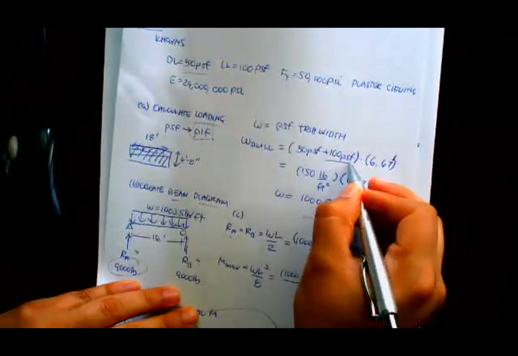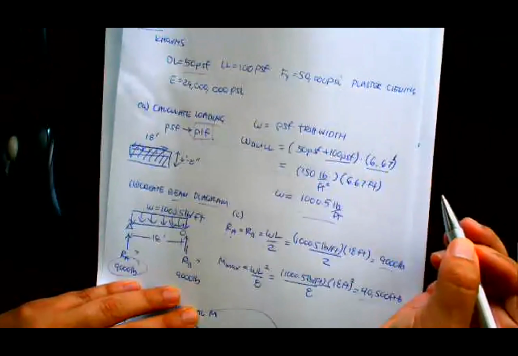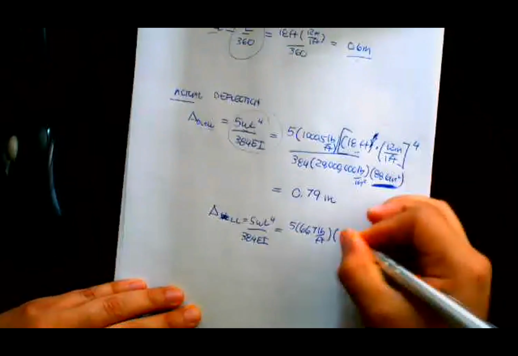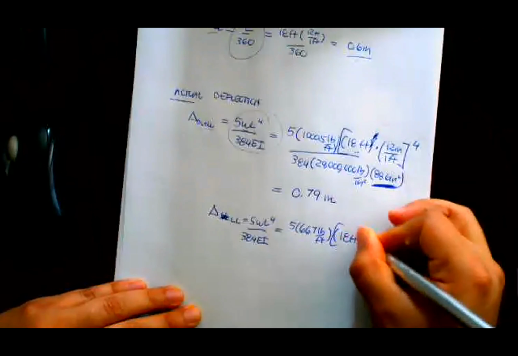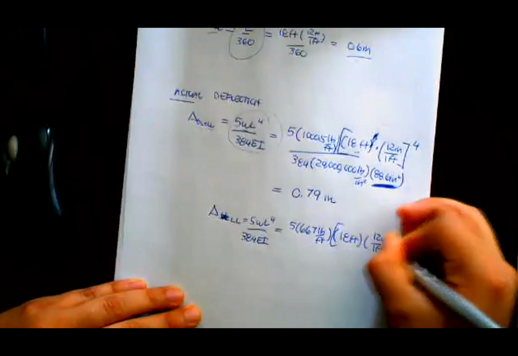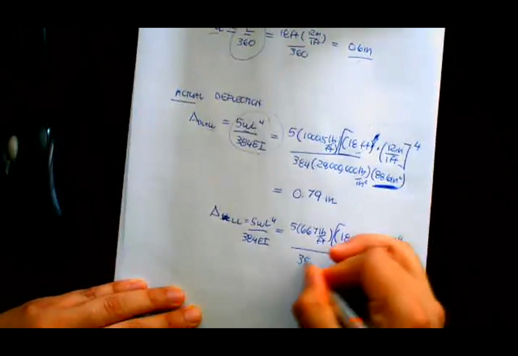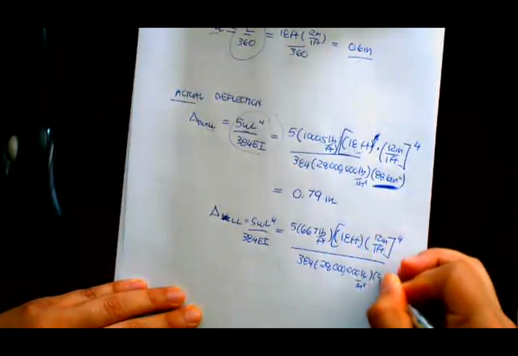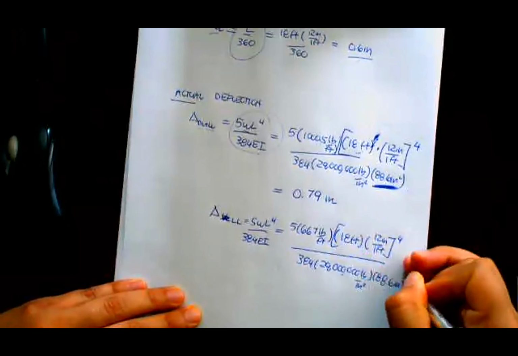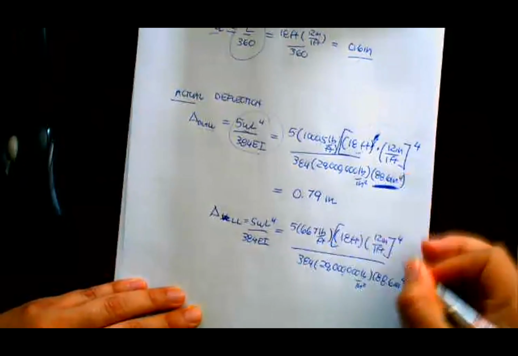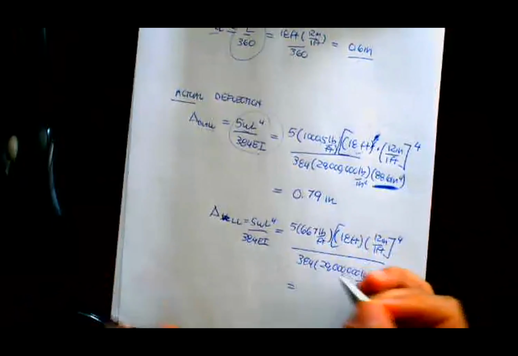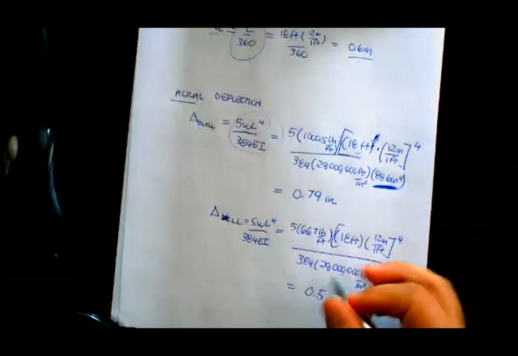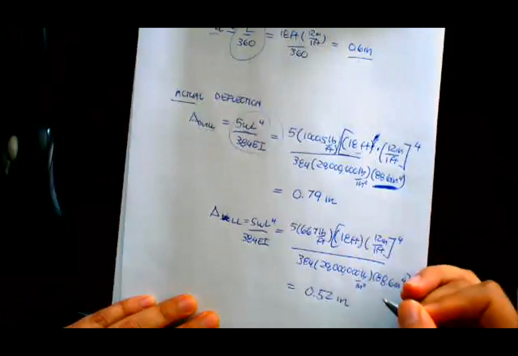The live load is 100 PSF times 6.67, times 18 feet, multiplied by 12 inches over 1 foot to the fourth power, over 384, 29 million, 88.6. And I get 0.52 inches. Oh, wait.